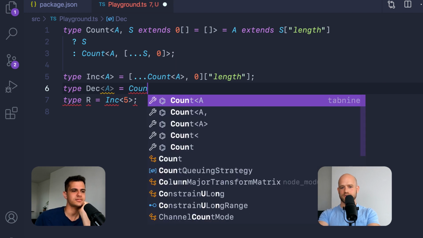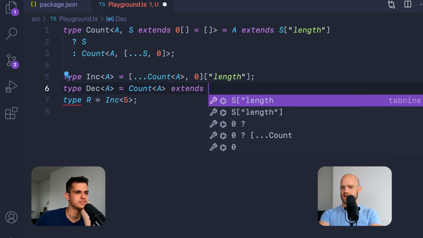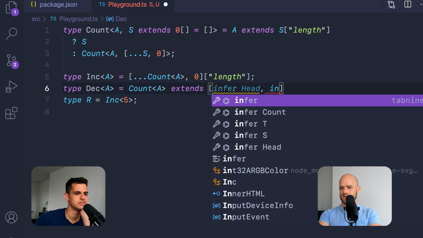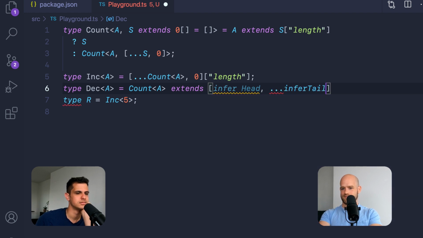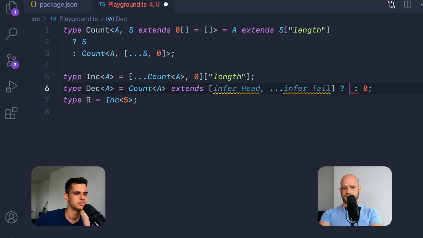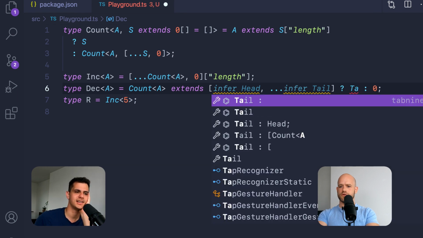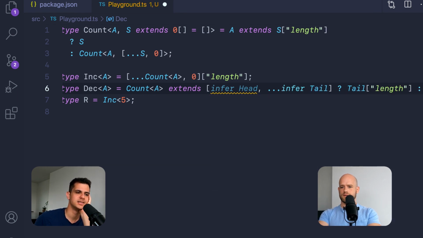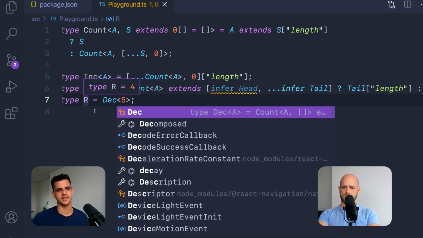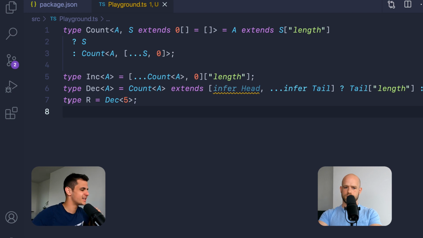So if count to A extends infer head, infer tail, sorry, and here we return the tail length, if not 0. But you did use the increment. Okay, wow. I understand an example with the infer keyword now.